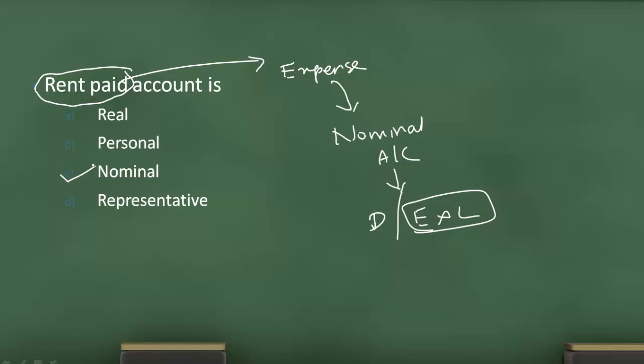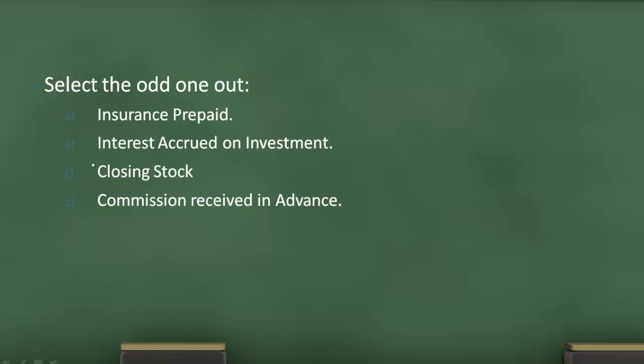Next question. Select the odd one out. We have insurance prepaid A, interest accrued on investment B, closing stock C, commission received in advance is D. So what is something common for all these items? Something which is common for all these items is all are adjustment entries. Fine.